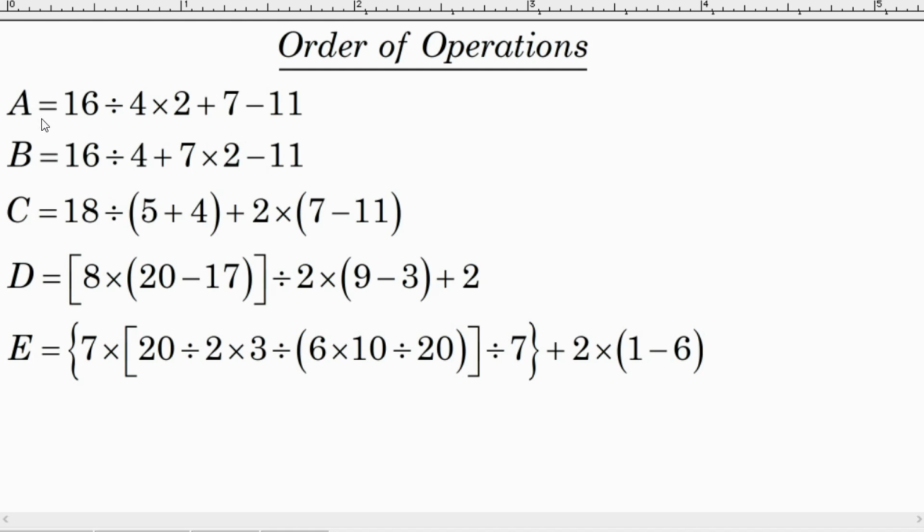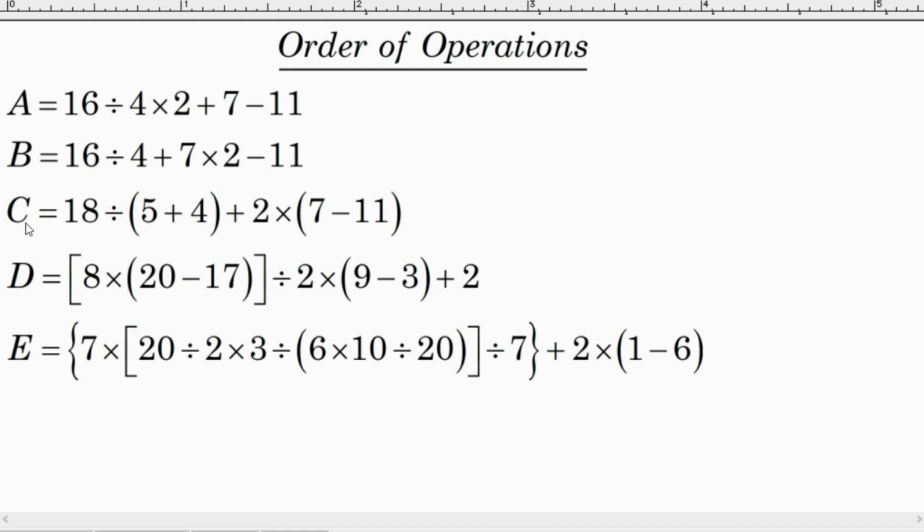For question A, we have 4 signs: division, multiplication, addition, and minus. Question B also has 4 signs.